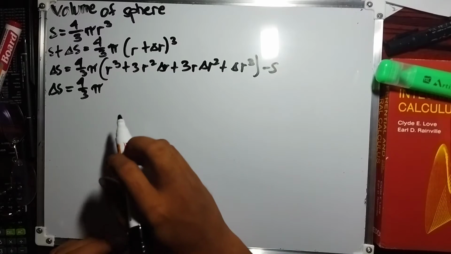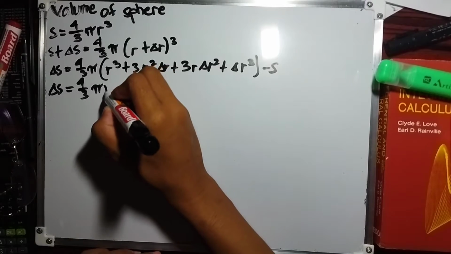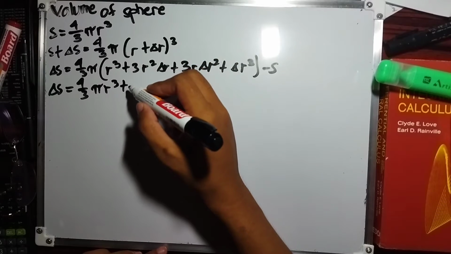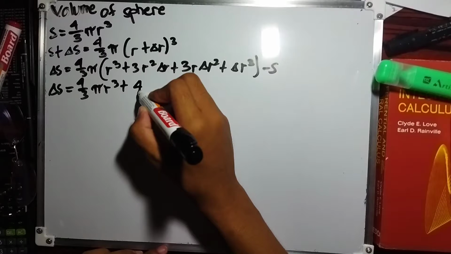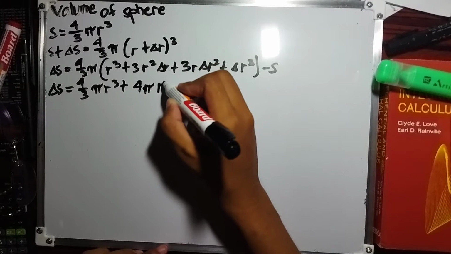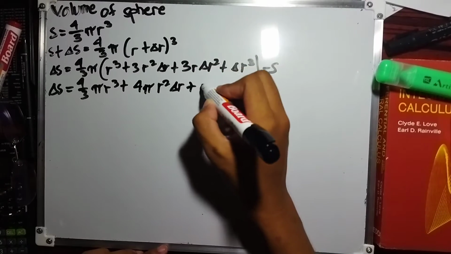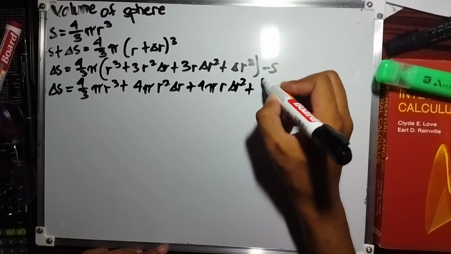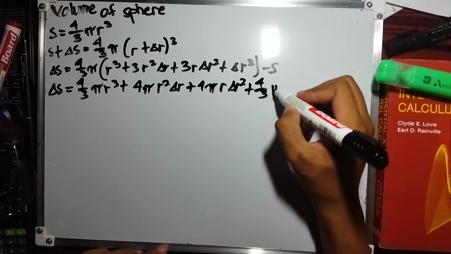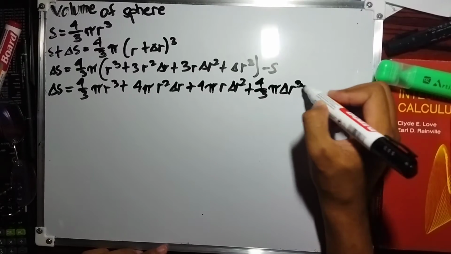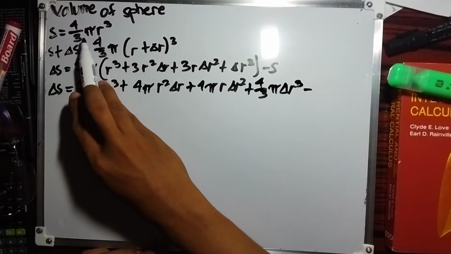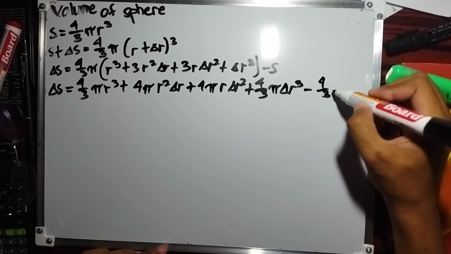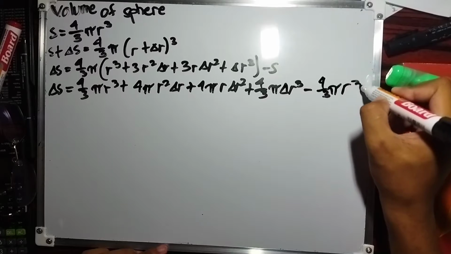So it will become 4 over 3 pi R cubed plus 4 over 3 times 3 will become 4 pi R squared delta R plus 4 pi R delta R squared plus 4 over 3 pi delta R cubed minus the S, which is 4 over 3 pi R cubed.